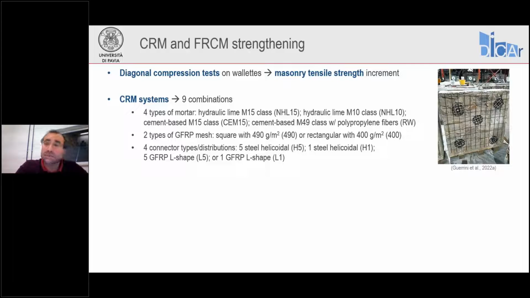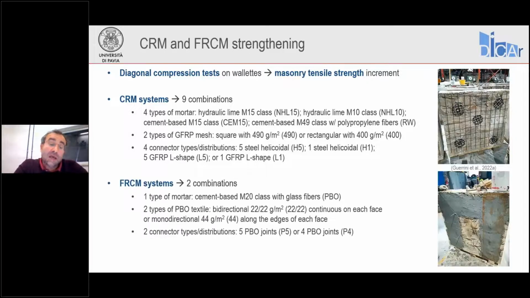I'm not going to list all of them, but we tried to investigate the effect of these different parameters. For the FRCM systems, we had 2 combinations, basically one using perimetral strips of monodirectional textile, the other one using bidirectional textile applied to the entire surface of the wallet.